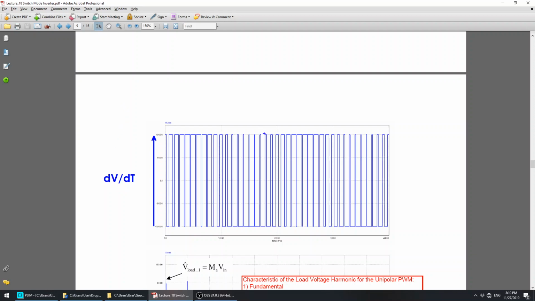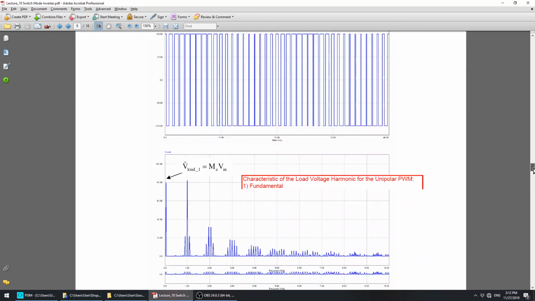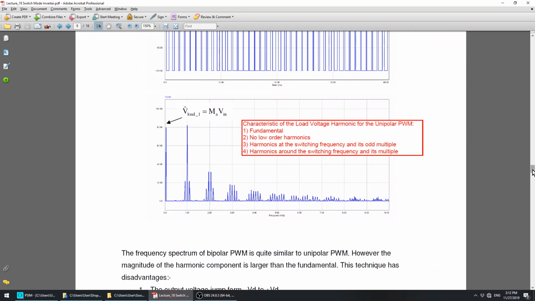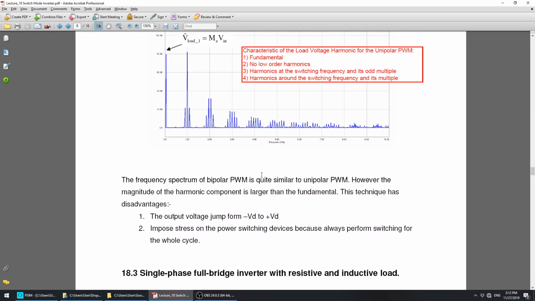So this is basically the unipolar and bipolar PWM. And then you must memorize the characteristics of the load voltage harmonics, and look into the disadvantages of using bipolar PWM.